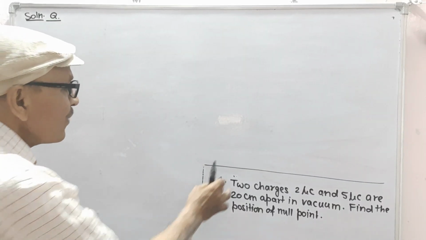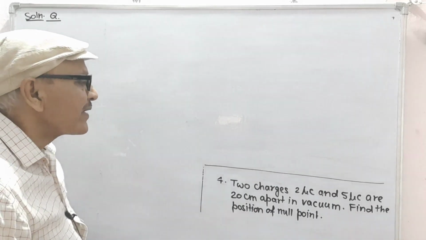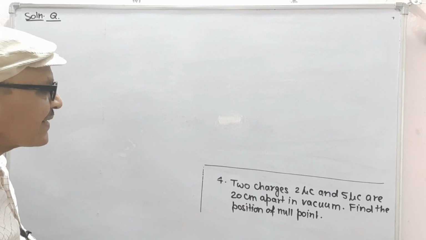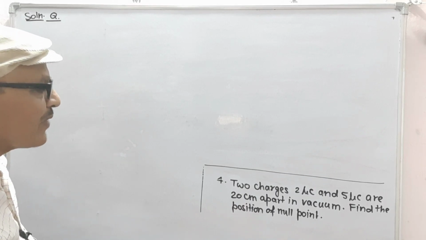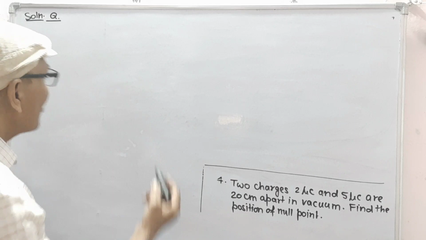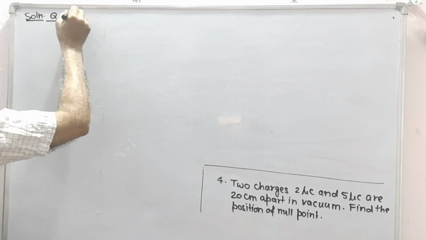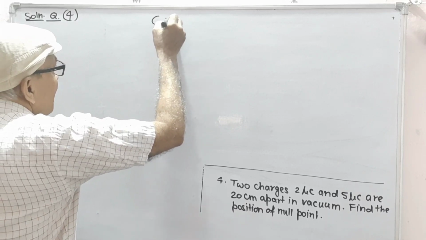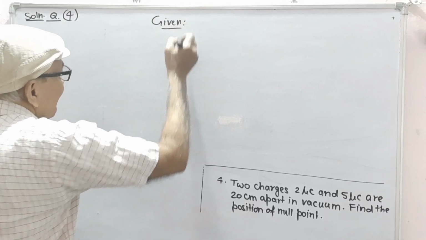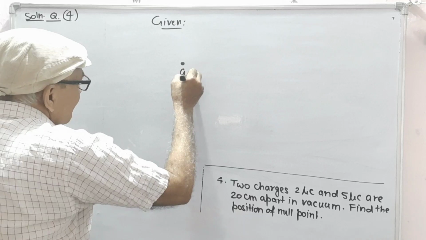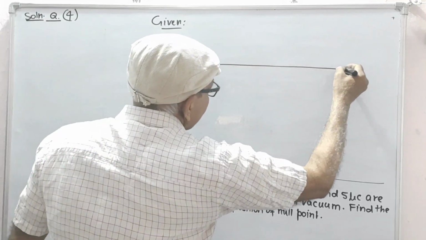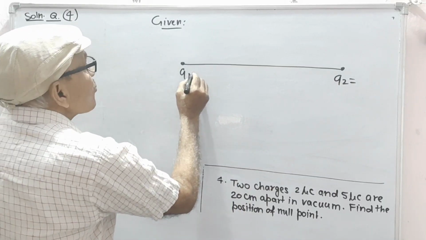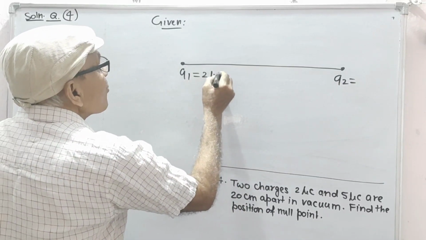Next question number 4. The question is, two charges 2 microcoulomb and 5 microcoulomb are 20 centimeter apart in vacuum. Find the position of null point. So, solution to question 4, given. Suppose this is charge Q1 and this is charge Q2. Q1 is 2 microcoulomb.